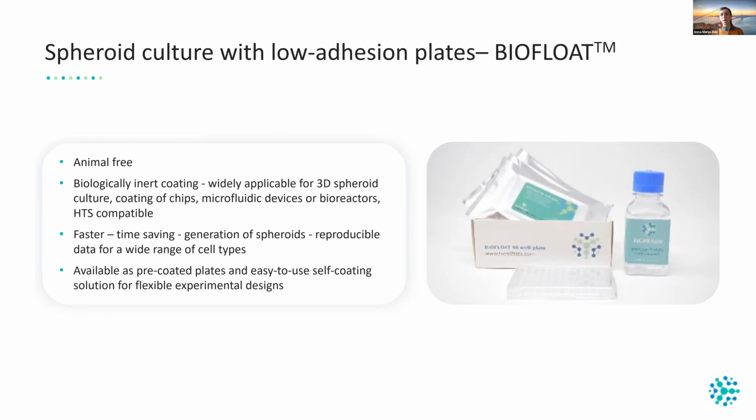And we provide the BioFloat Flex solution, which is an inert coating and which is widely applicable for coating chips, microfluidic devices, and bioreactors. Both products are animal-free, allow a faster, time-saving generation of spheroids, and give you reproducible results for a wide range of cell types.